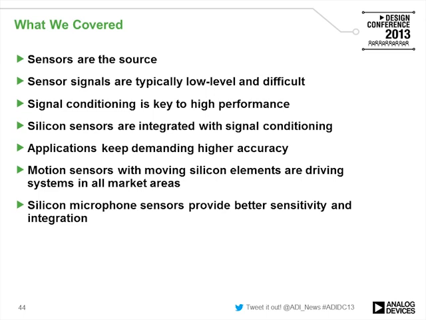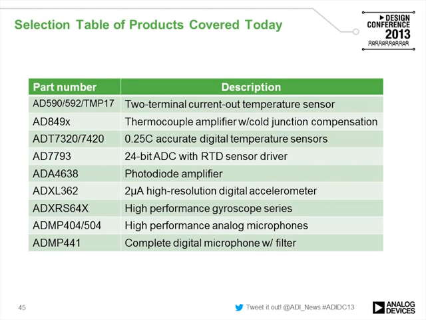Also, silicon microphone sensors are improving performance in sound capture. We covered several products today that we'd like for you to look at in many different areas, as well as signal conditioning devices and motion sensors.